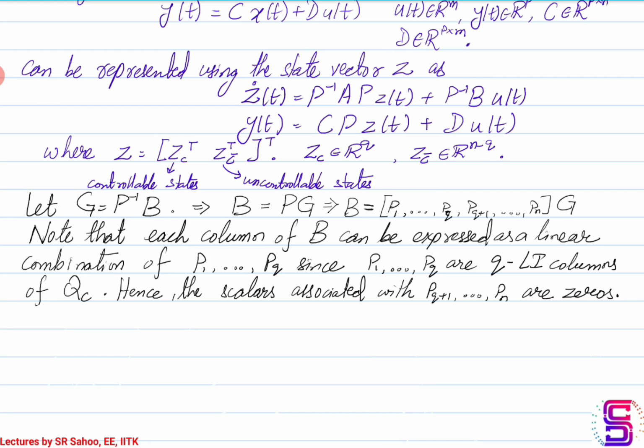So the coefficients associated with Pq plus 1 till Pn, so as to represent the column of B, have to be 0.